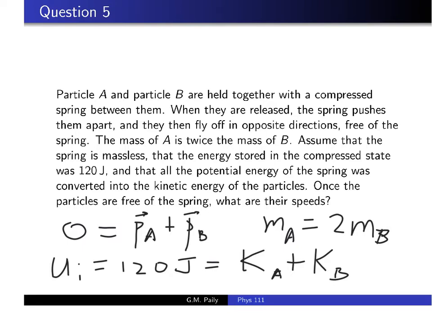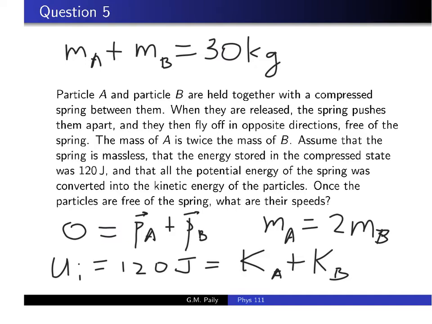So we have four unknowns, but we only have three equations. This is clearly not enough to completely solve the problem, so let's add one more piece of information to the problem, which I neglected to add earlier. The extra piece of information that we need is that the mass of A plus the mass of B is 30 kilograms. Now we have four unknowns and four equations, and we can solve the problem.